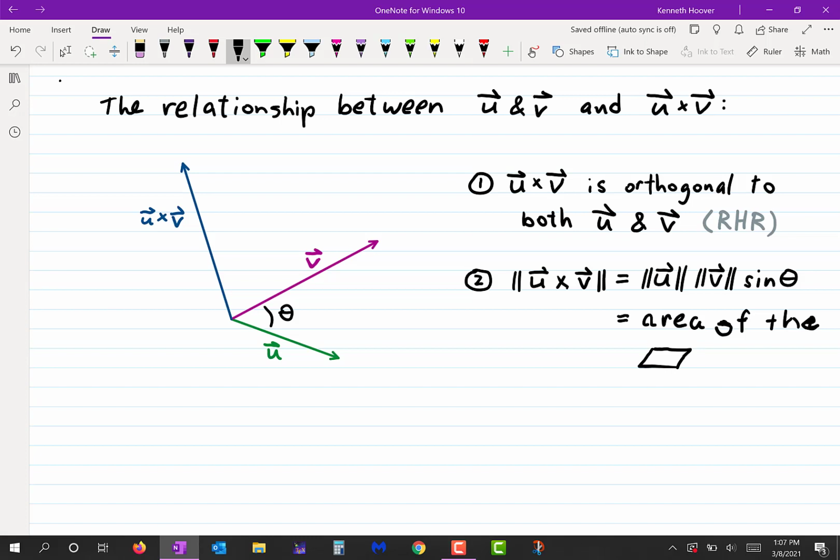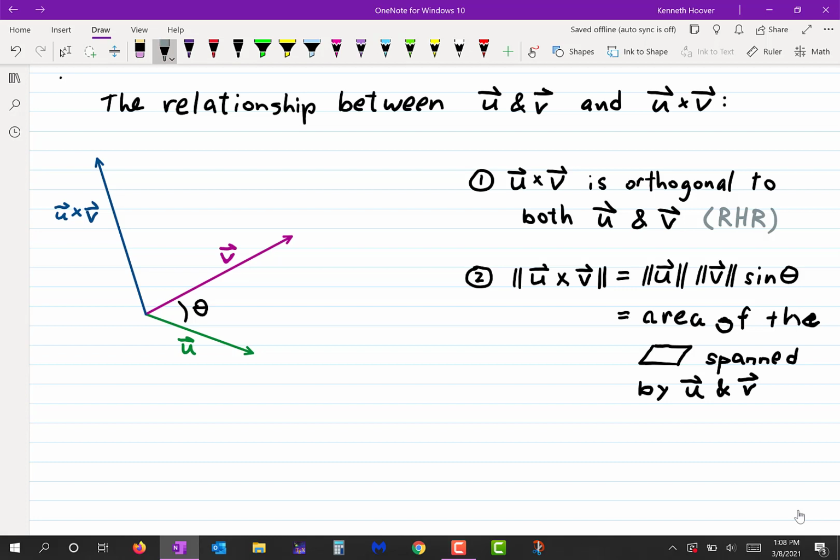Okay, spanned by U and V. So what do I mean by the parallelogram spanned by U and V?